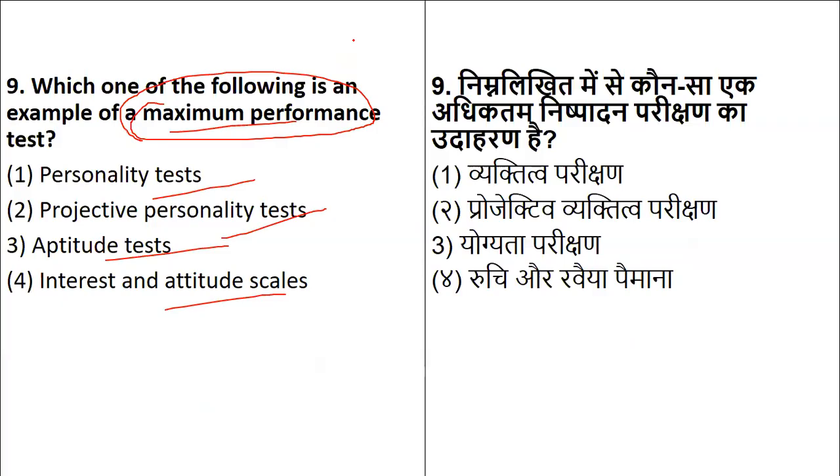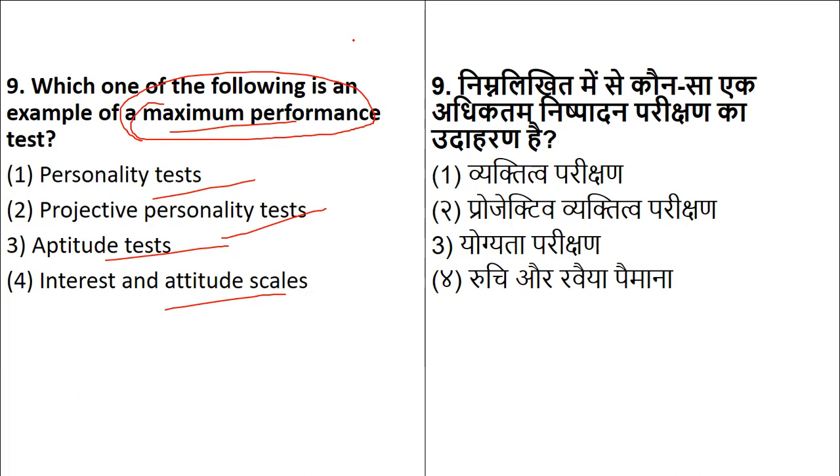So now let's go to the question. Which can be an example of maximum performance test? Whether it is personality, projective personality, aptitude, or interest and attitude. I've given some time to think and come to the answer.